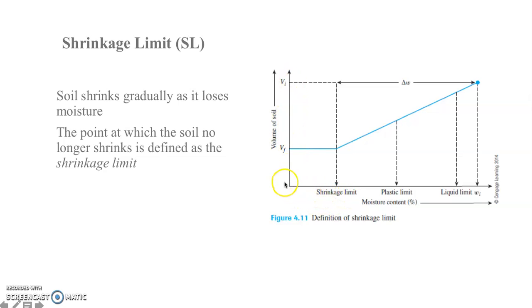So you have the volume of the soil. At the shrinkage limit, there's a certain point wherein the soil doesn't shrink anymore. It doesn't shrink as it loses moisture content. That point is what we call the shrinkage limit. So this is our point of the shrinkage limit.